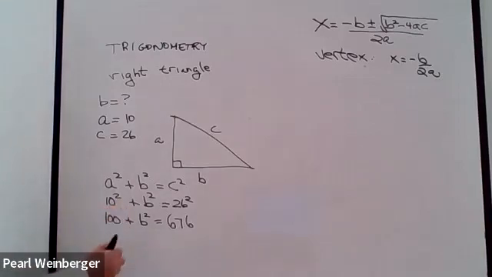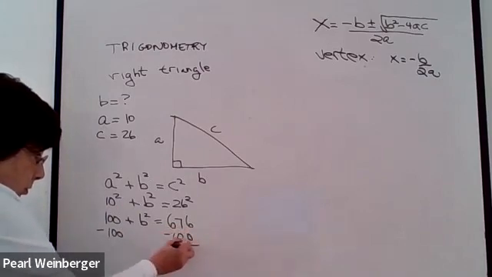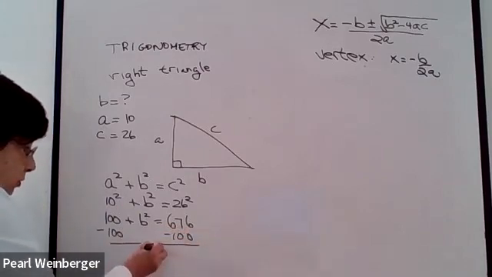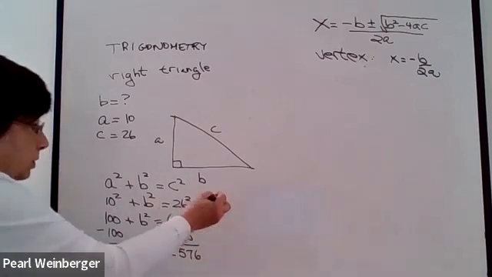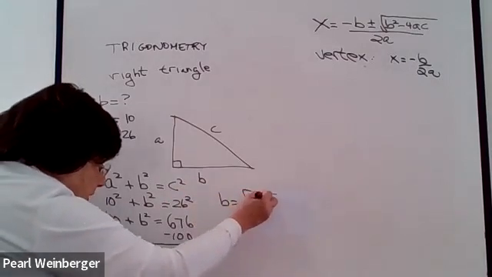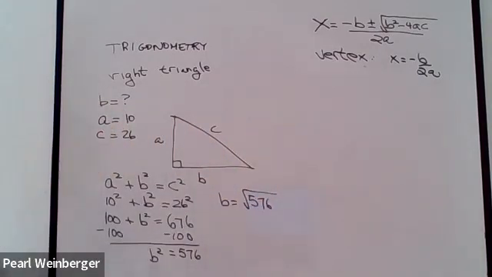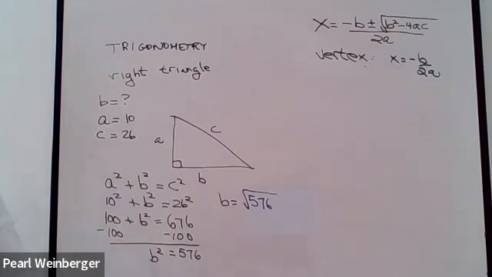Okay, going back to this problem, I'm going to subtract 100 from both sides, which will leave me B squared equals 576, which means B has to be the square root of 576. Now, if you notice, they didn't put a plus or minus in front of it, because when we're talking about the side of a triangle, it can only be positive. My calculator will do the square root of 576.